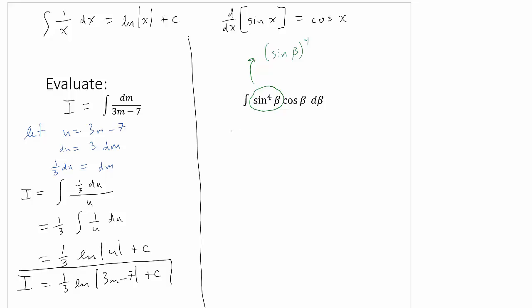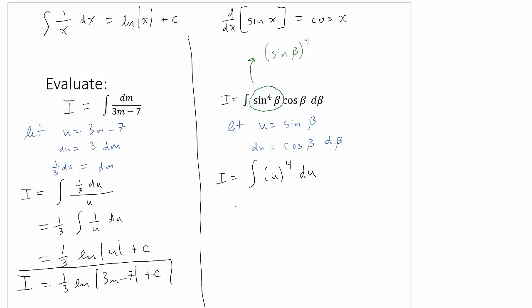So I think the appropriate substitution is to let u equal sine beta, then du would be cosine beta d beta. And now look, everything lines up perfectly. And my integral can be thought of as the integral of u to the 4th power du.